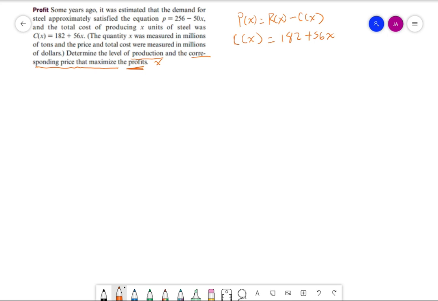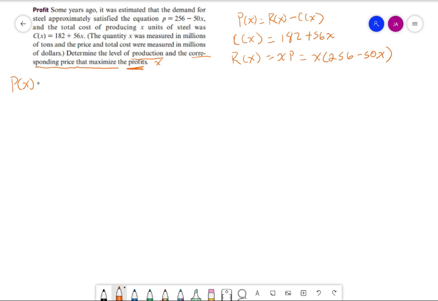Great. But we have to recall that the revenue function is always going to be the number of units sold times the demand curve P. So in this specific situation, that's going to be x times 256 minus 50x. All right, great. Well, now we can form our correct profit function.